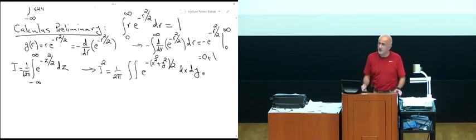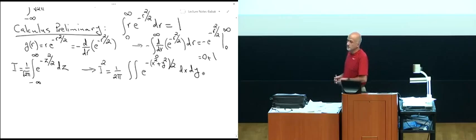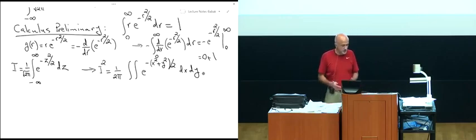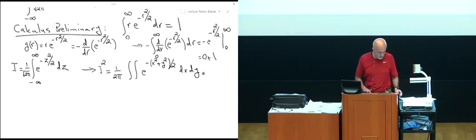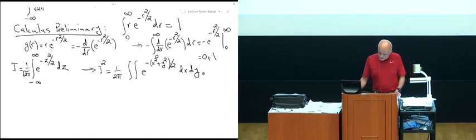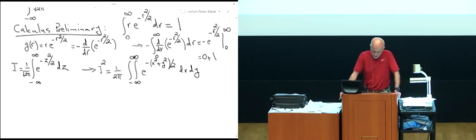It's as if I've written this I in terms of x, and I've written it again in terms of y. Because I'm multiplying two of these integrals, I need to have separate variables for them. And this, of course, goes from minus infinity to infinity for each of them. Okay?